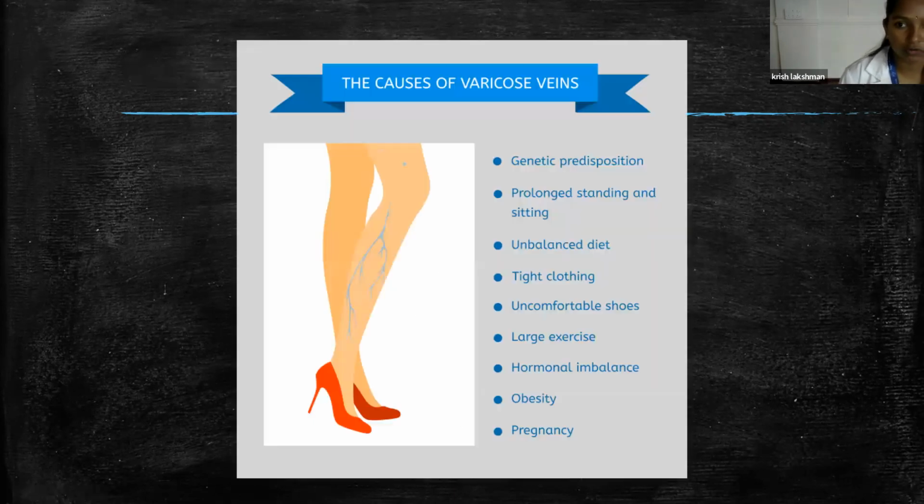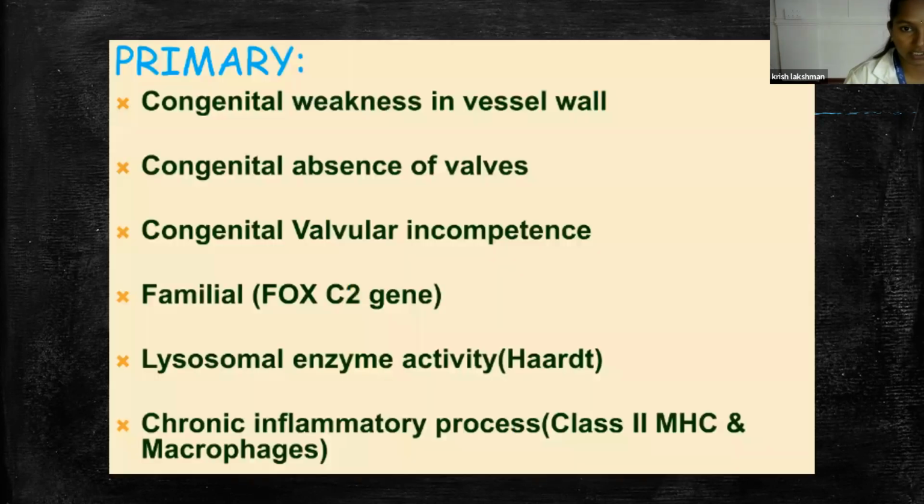So the causes of varicose veins are genetic predisposition, prolonged standing, unbalanced diet, tight clothing, uncomfortable shoes, lack of exercise, hormonal imbalance, obesity, and pregnancy. This is on a broader perspective, but if we classify it into primary and secondary: in primary cases, it is a congenital weakness of the wall, absence of valves or incompetence, and presence of some genetic abnormalities like the FOXC2 gene and lysosomal enzyme defects.